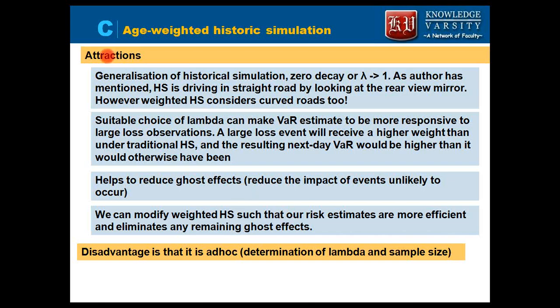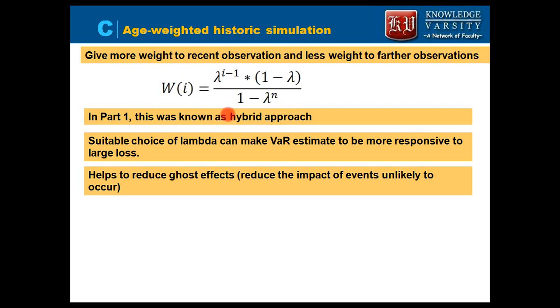So the benefit is it is a generalization of the historical simulation. Historical simulation is more specific, but this age-weighted approach is very much general. If you want to get a historical simulation from this age-weighted, you can make your lambda equal to 1.